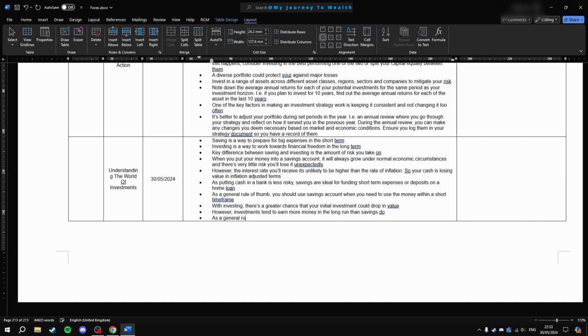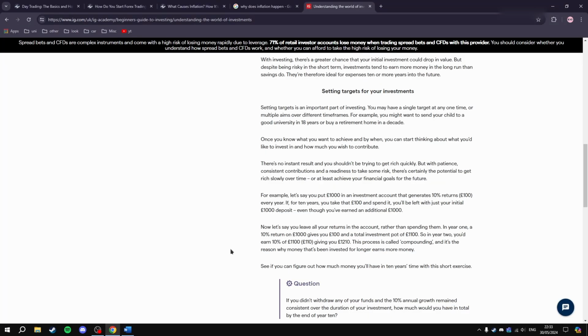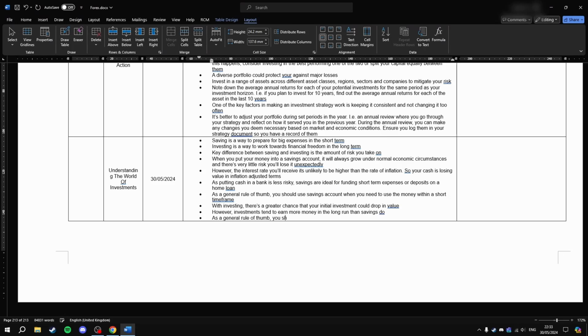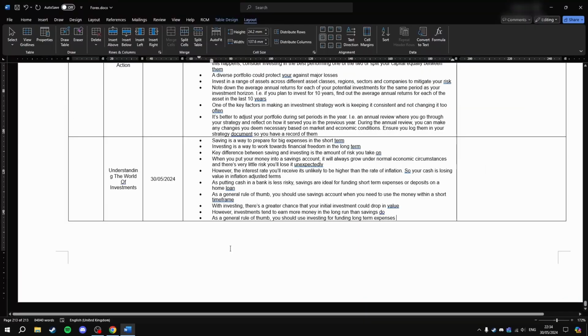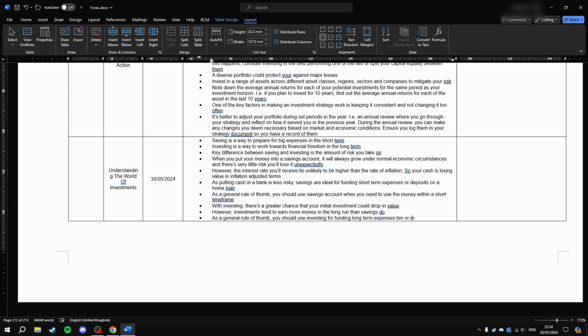As a general rule of thumb, you should use investing for funding long-term expenses, 10 or more years into the future.